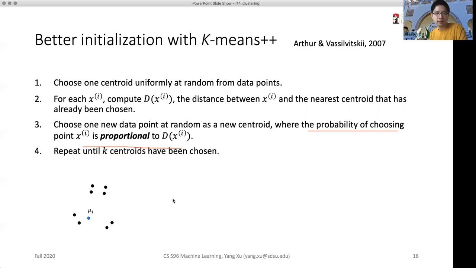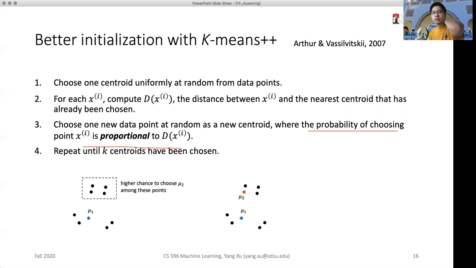Okay, so for example, after the first centroid mu1 is selected, then we will have a higher chance to select mu2 among these data points because they are farther away from mu1. So it is likely that mu2 appears over there.